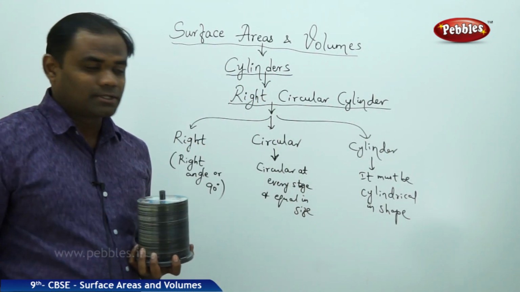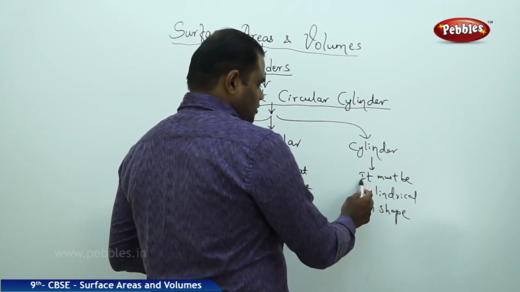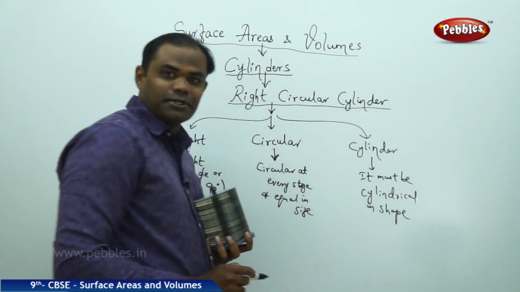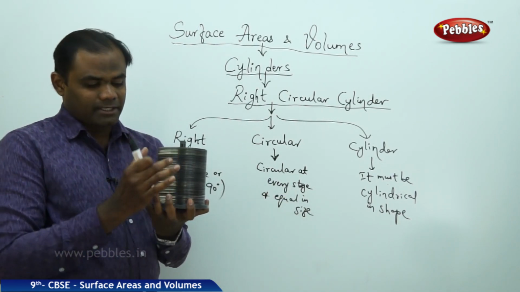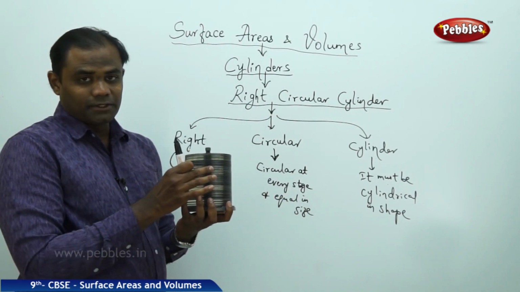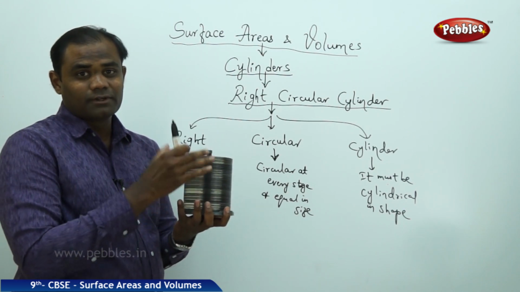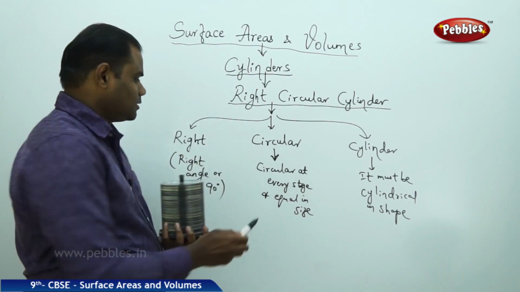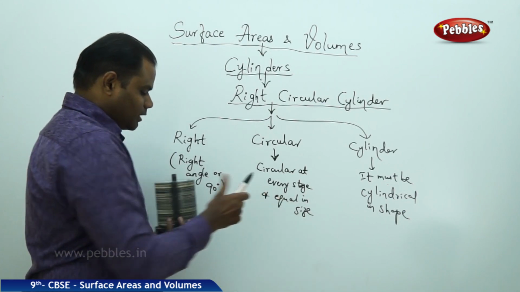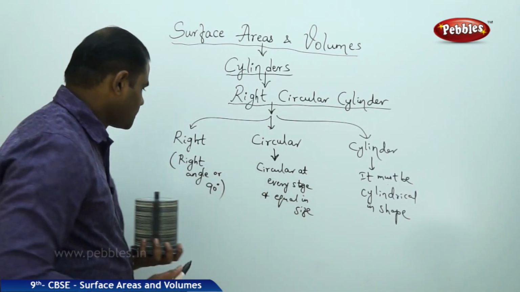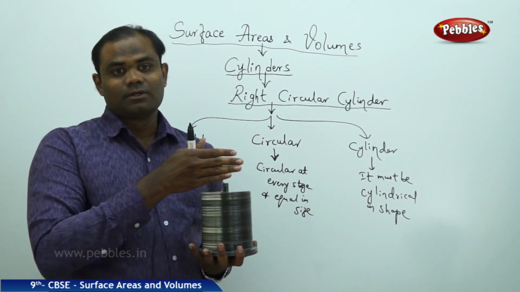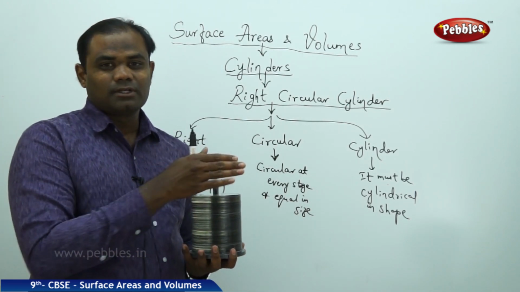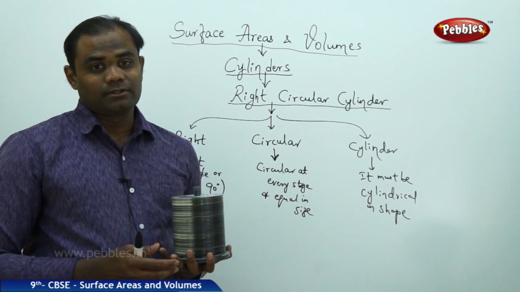Therefore, a right circular cylinder is a three-dimensional solid which is in the cylindrical shape and which has circles that are equal in size at every stage. If I take a CD at any stage, they are equal in size. So it is circular at every stage and equal in size. Right means it must be exactly 90 degrees to the ground. If the cylinder is crossed, then we say it is not a right circular cylinder.